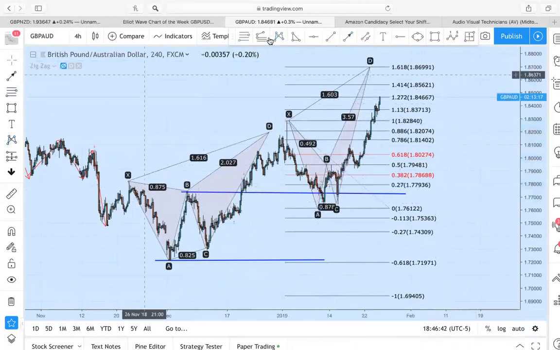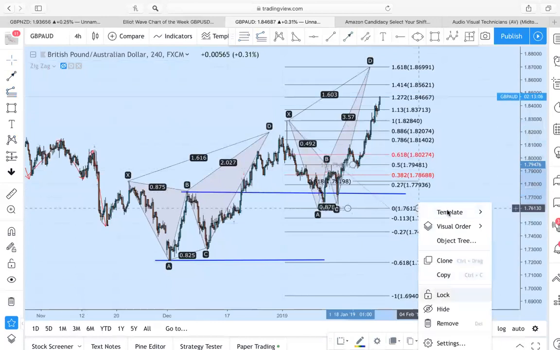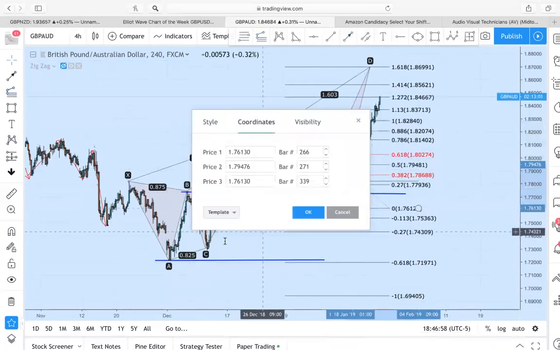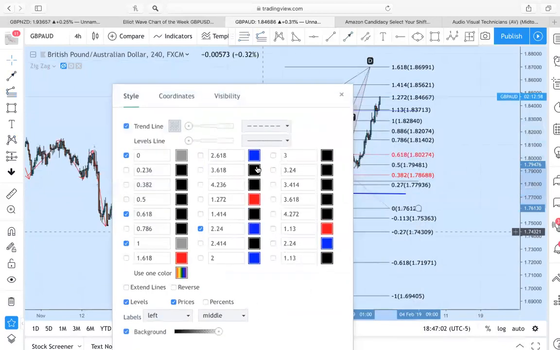And of course, we always want to use our extension pattern from X to A, back into A. What we're looking for is a 224 minimum to a 3618. So I like to start with a 224 and see where we are on this.